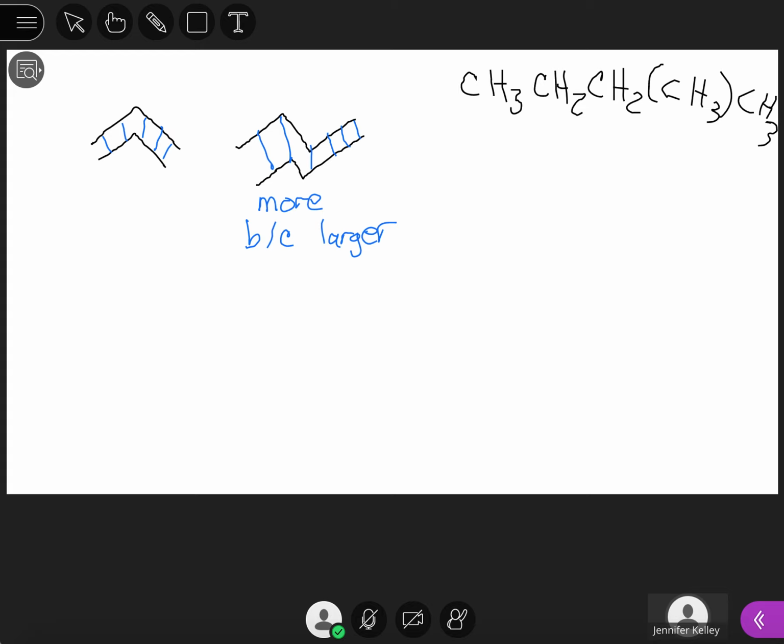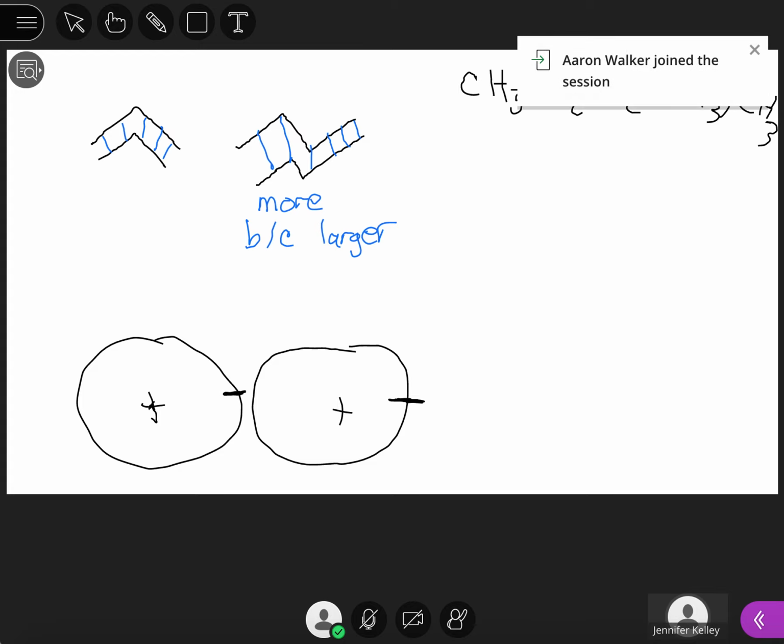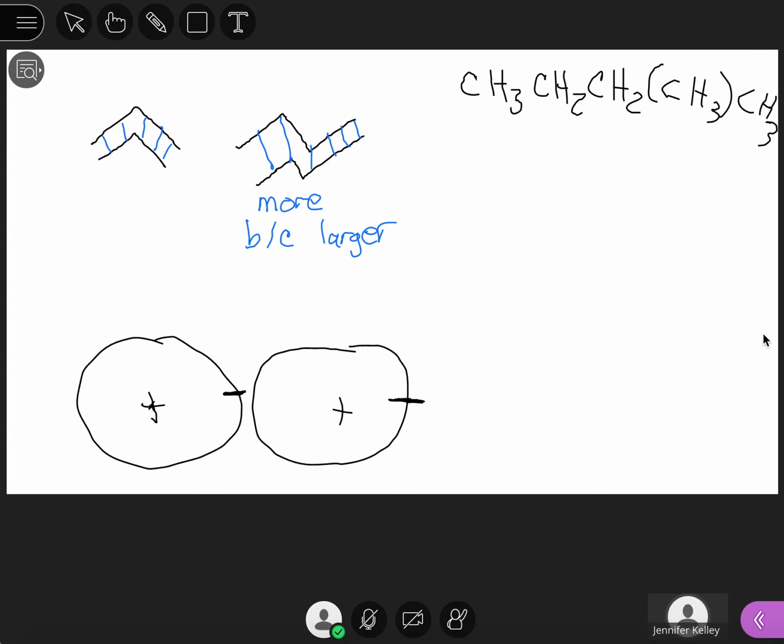So London forces are when you have two atoms, they can be any two atoms, and you bring them close together. All atoms have a positive nucleus, and they have electrons on the outside. So let's say in one moment, this atom has an electron and it's on the right. It's going to cause the electron on the other one to also scoot to the other side so that they decrease electron repulsion.